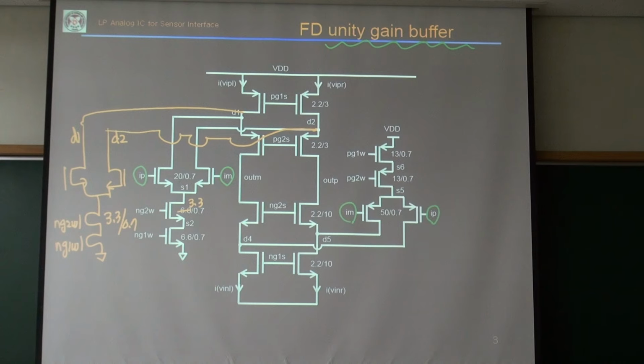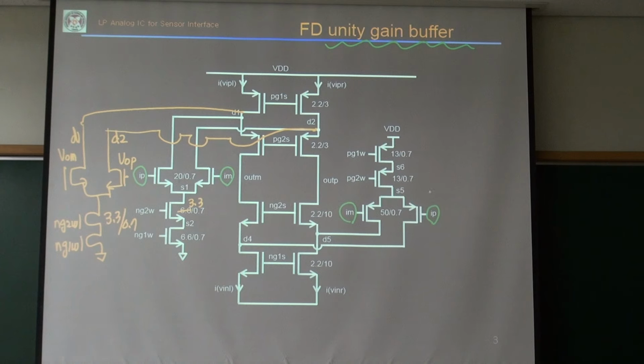Then for the first case, in this IP place we put VOM, the unity gain feedback, and in this IM place we put VOP.